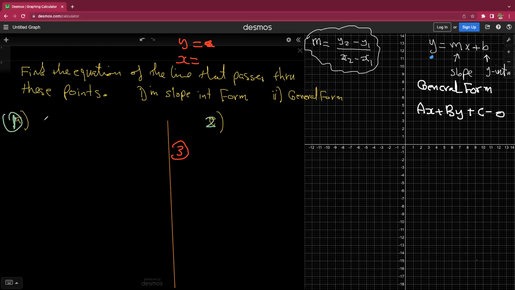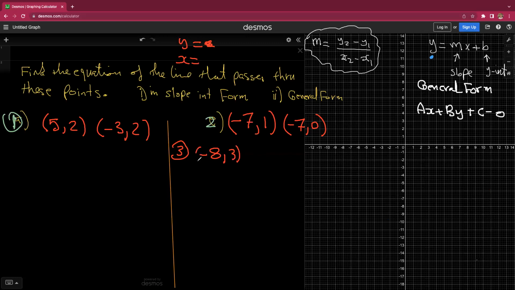Here's question 1. Find the equation of this line. And then number 3. I'll give you 10 minutes to do them.